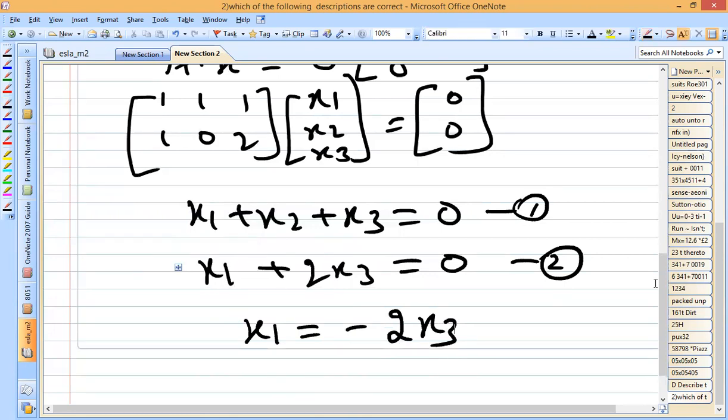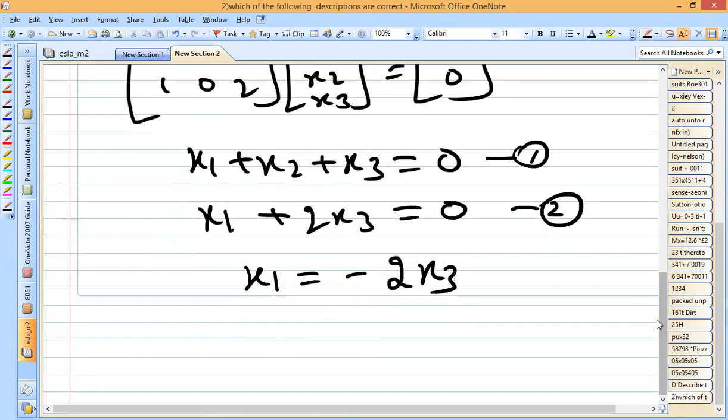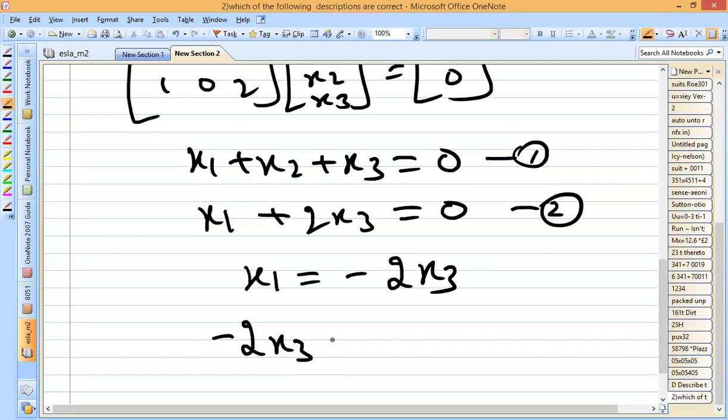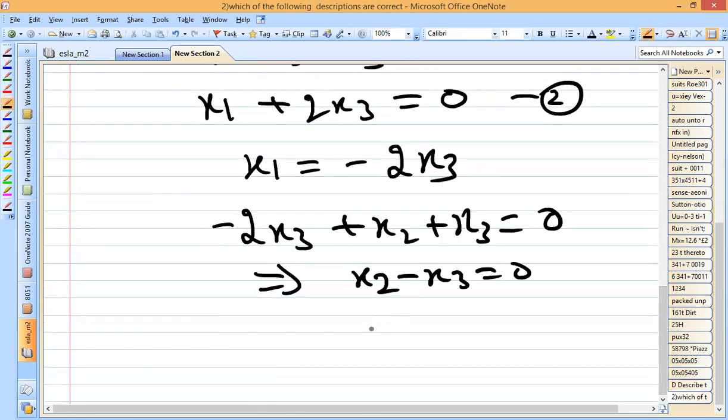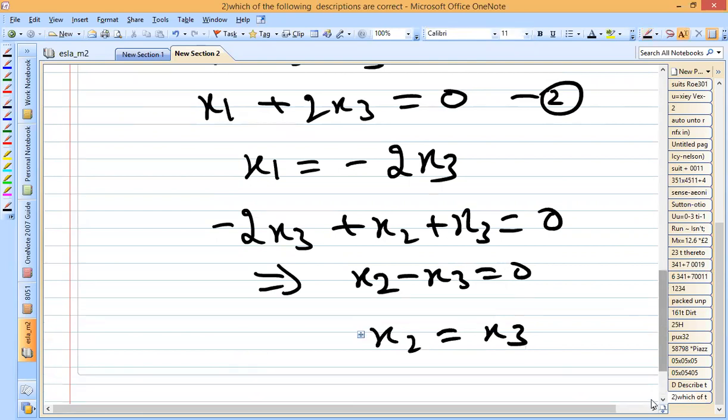Now you can substitute x1 is equal to minus 2x3 in equation 1. So what we get: minus 2x3 plus x2 plus x3 is equal to 0, which gives x2 minus x3 is equal to 0, which implies that x2 must be equal to x3.